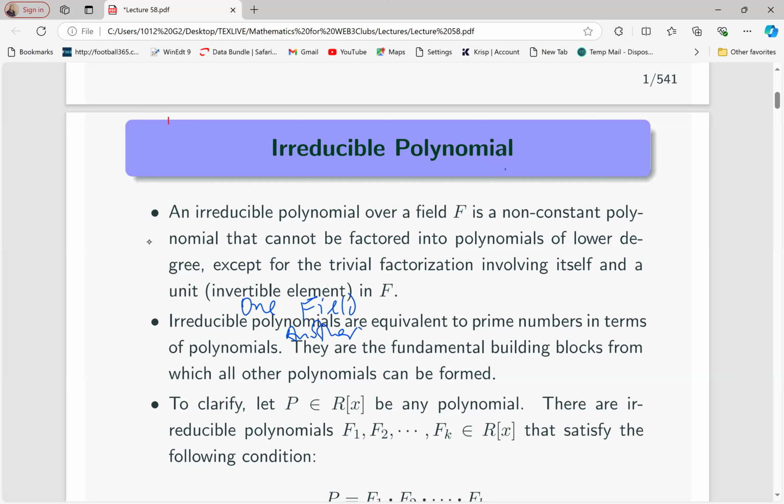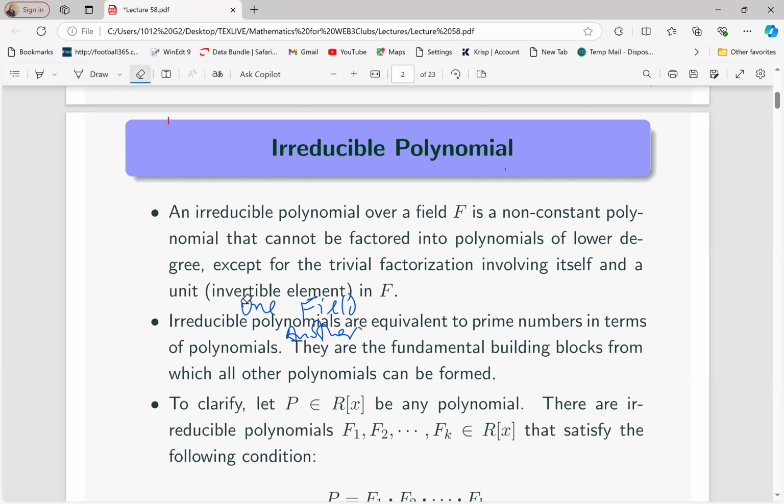So it depends on which field you are working in. There are fields in which we can reduce some polynomials, and other fields in which we cannot. So again, the field will be very important. Which field are we working in? We will see that as we progress with examples.